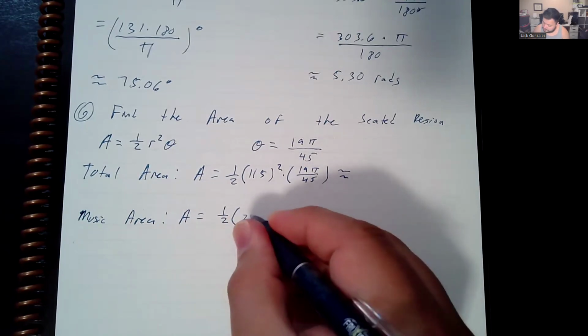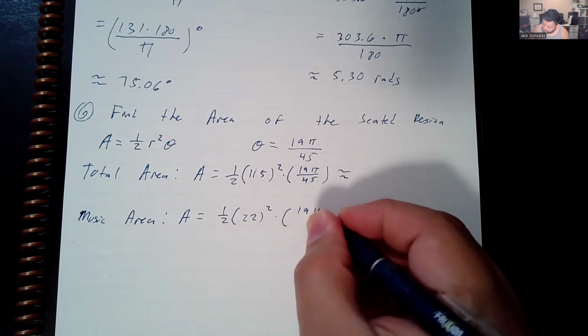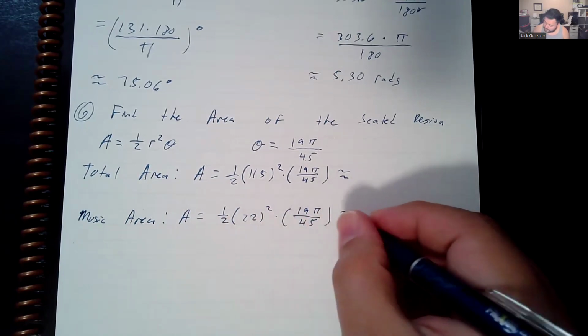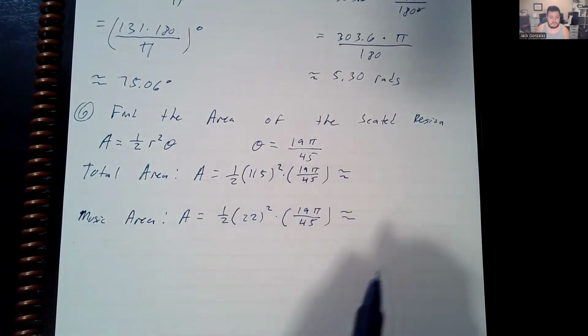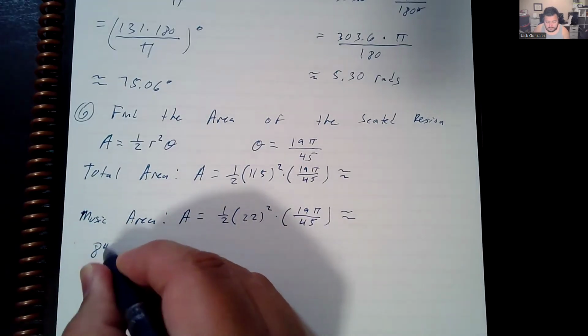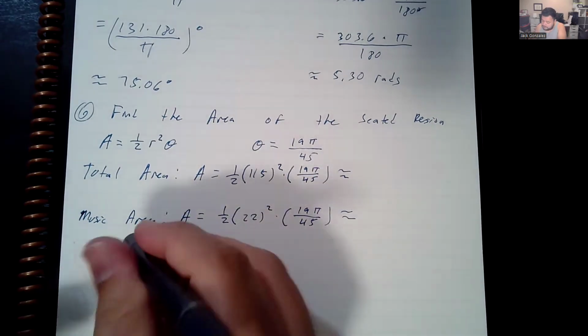So it'll be 22 squared times the same angle. And that'll give you a number. So subtract these and then you'll have the answer. That's how they get 8450.1. That looks ugly.